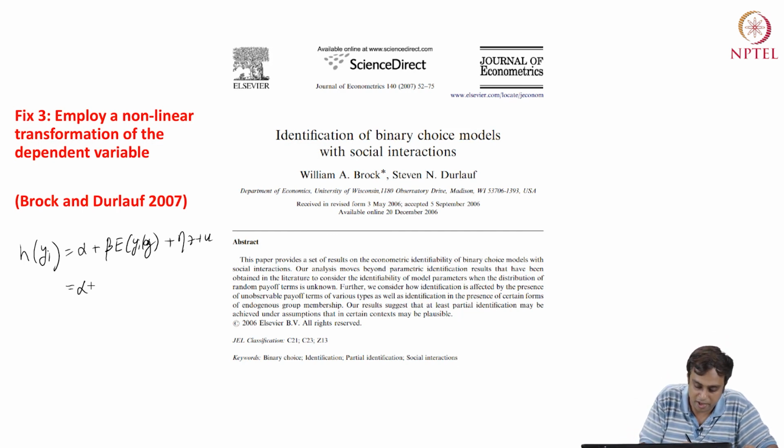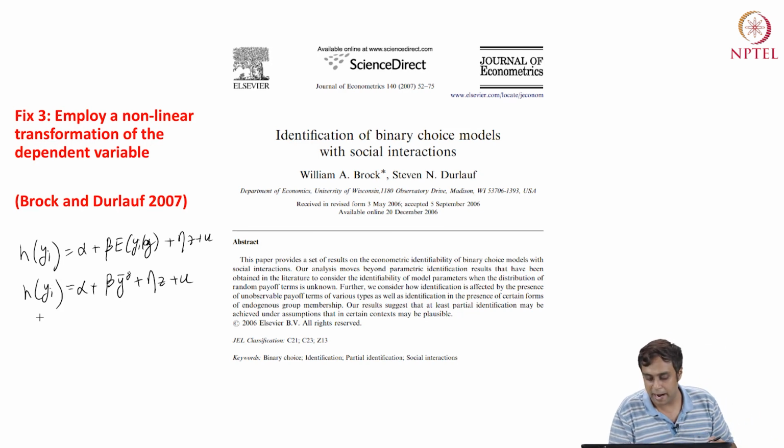So I can have alpha plus u. You can read this paper. It is mainly for binary outcome variables, but it also is a way to reconcile the endogeneity problem.